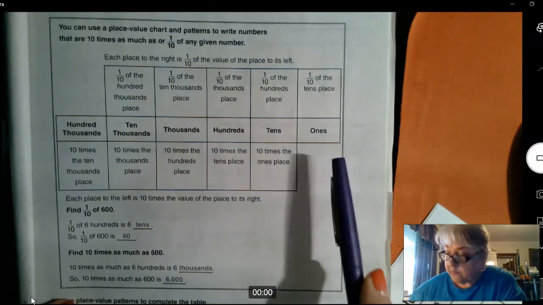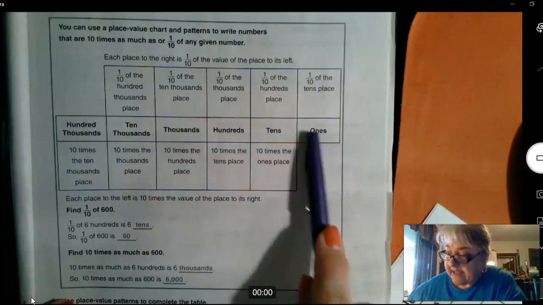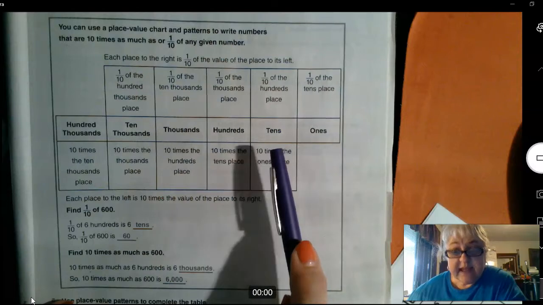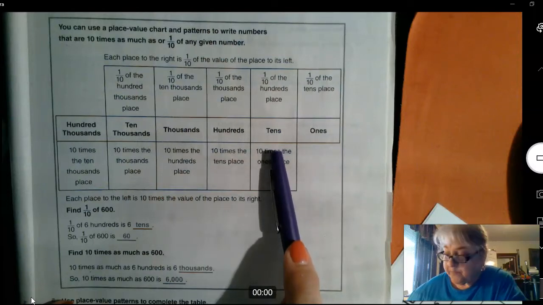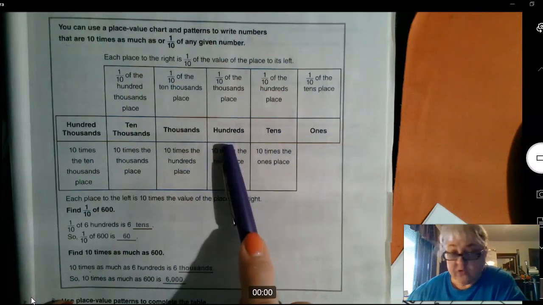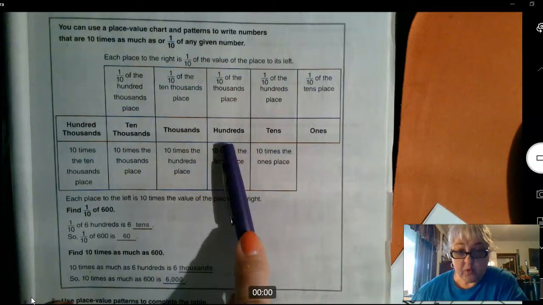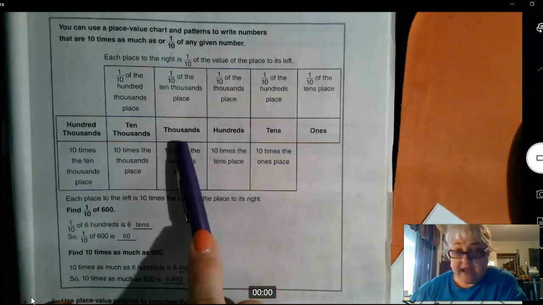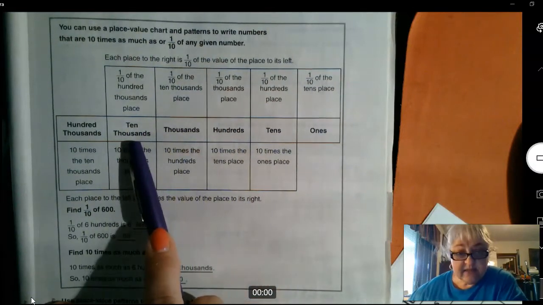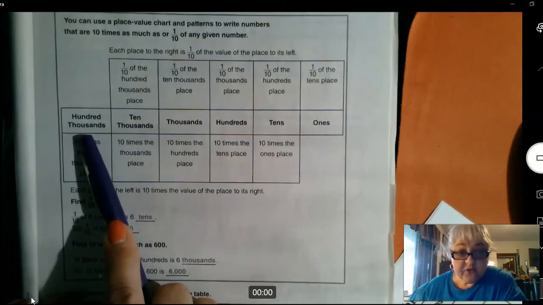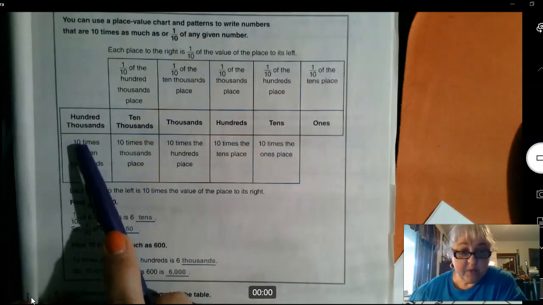But if you're getting bigger, if I start in the ones place and I jump over to tens, that's 10 times more. If I jump over to hundreds, that's 10 times more. If I jump over to thousands, that's 10 times more. If I jump to 10,000s, that's 10 times more. And if I jump to 100,000s, that's 10 times more.